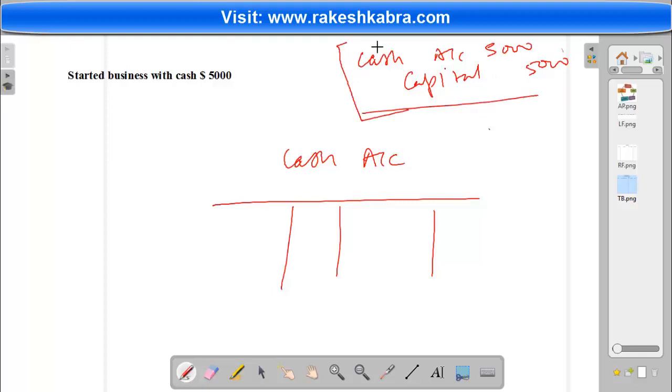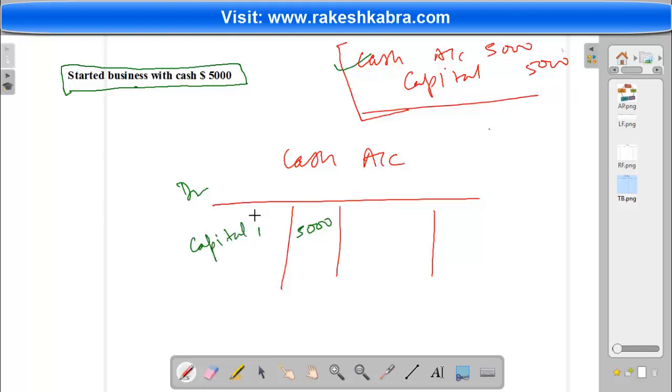Then after journal, you will make posting of this entry in the ledger. First you will make posting in the cash account. In this entry, cash account is debited, so posting will take place on the debit side. On the debit side, I will write the amount 5,000, and then the name of the opposite account, capital account.